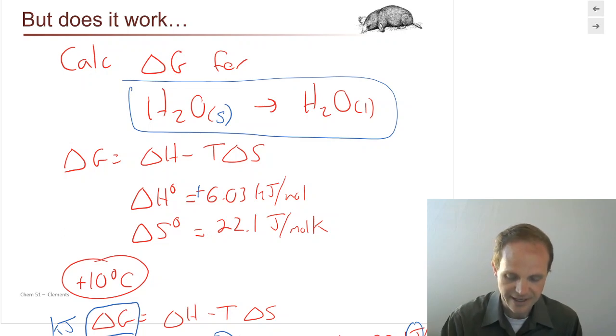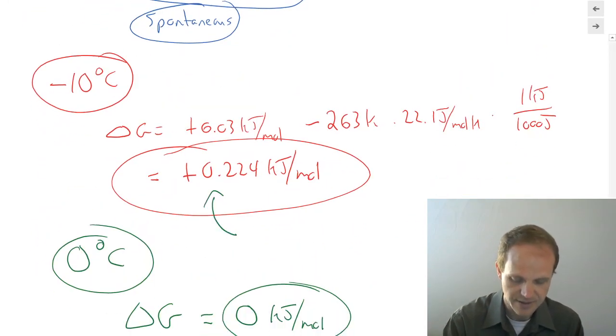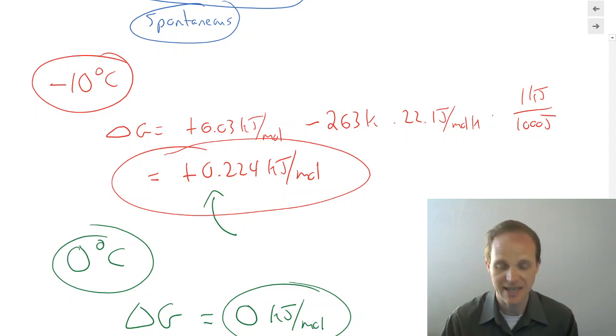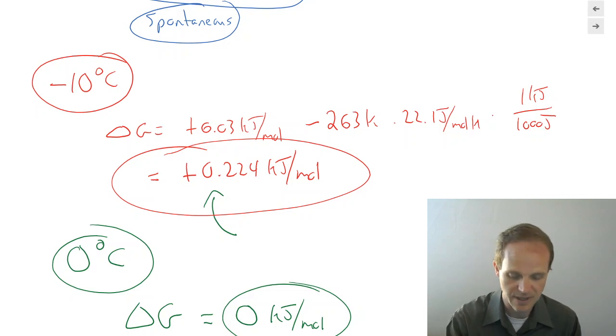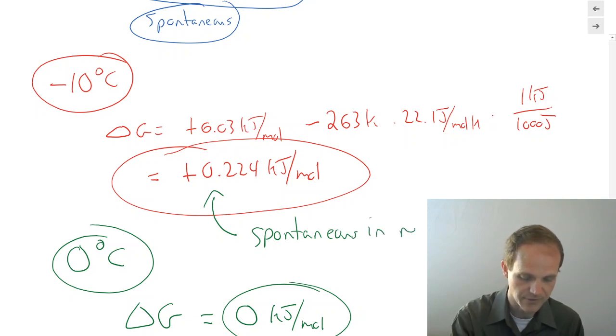All right. Here's another couple things to talk about. This positive delta G means it's not spontaneous the way it's written. So it's not spontaneous where we go from a solid to a liquid. But what it does mean is it's spontaneous in the reverse direction.